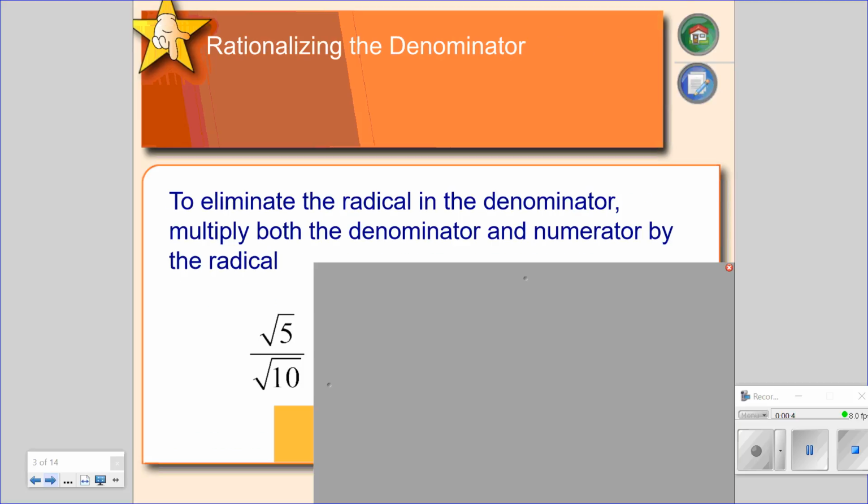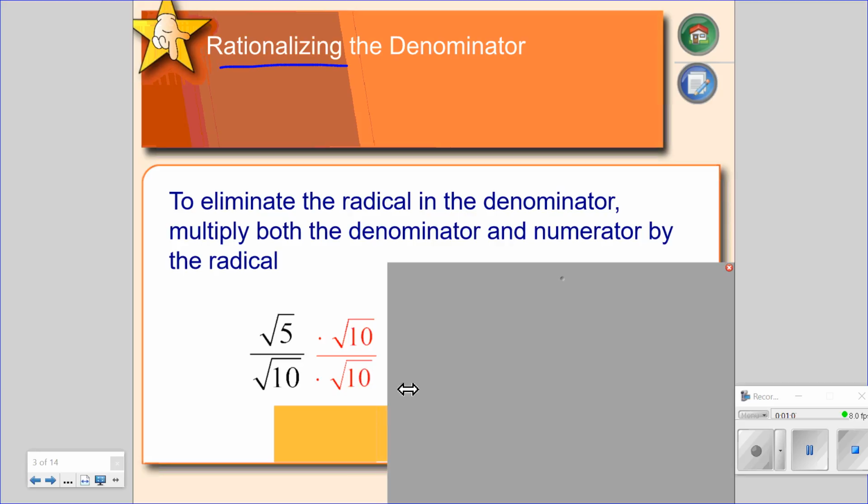To eliminate the radical in the denominator, we're going to multiply both the denominator and numerator by the radical. This is called rationalizing the denominator, getting rid of the radical in the denominator. So we will start by multiplying the square root of 5 over the square root of 10 by whatever radical is in the denominator, which is the square root of 10.